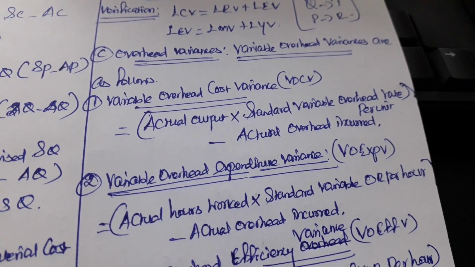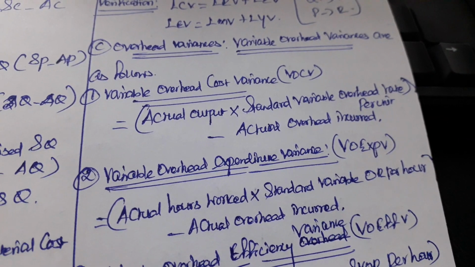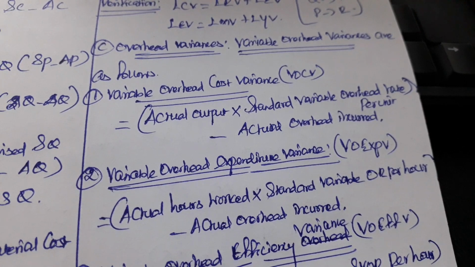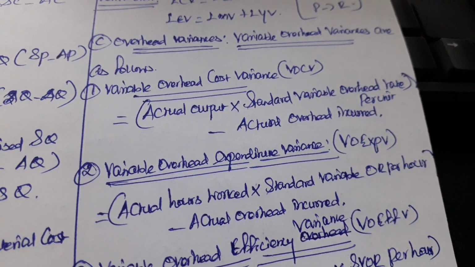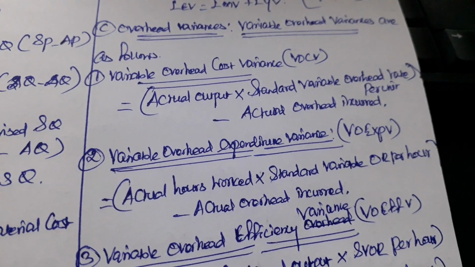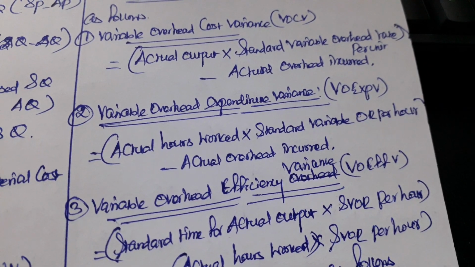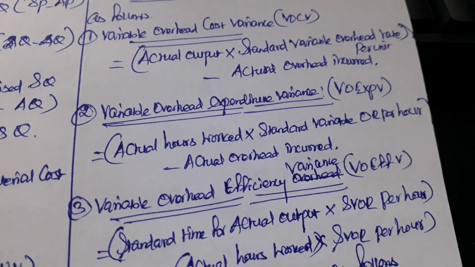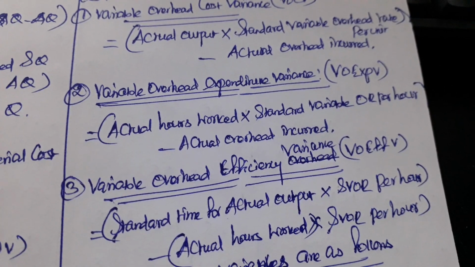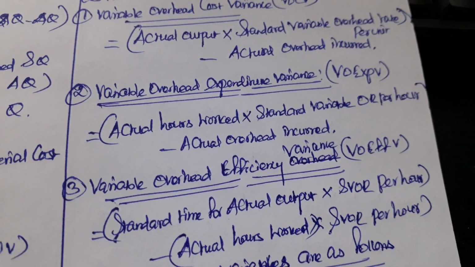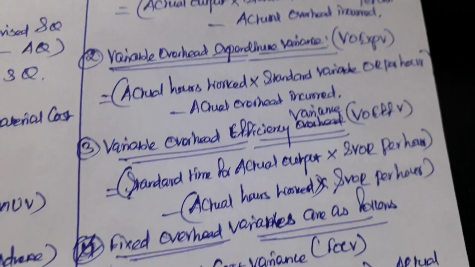The first one is variable overhead cost variance. To find this we can use the formula: actual output into standard variable overhead rate per unit minus actual overhead incurred. Second is variable overhead expenditure variance: actual hours worked into standard variable overhead rate per hour minus actual overhead incurred.